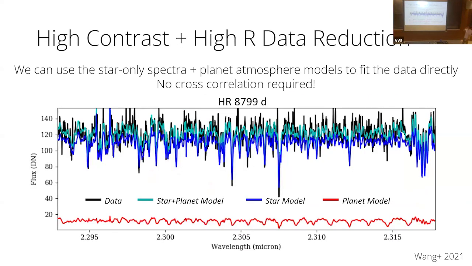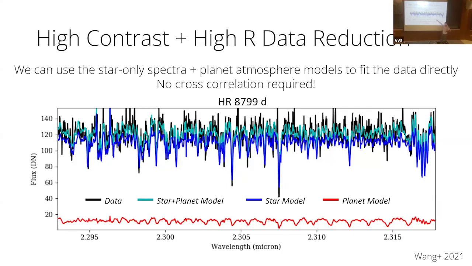So when we observe with the fiber and get a spectrum of the planet, we also get a lot of leaked starlight into our spectrum. In black is our data, and we can reconstruct that data as a combination of residual starlight in blue that's leaked into our fiber, and the planet light that we're also collecting.